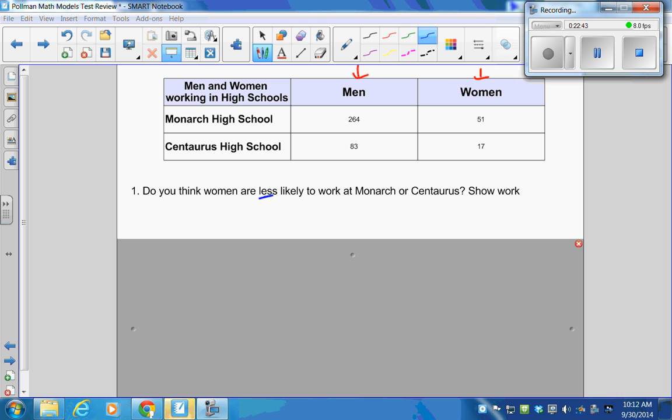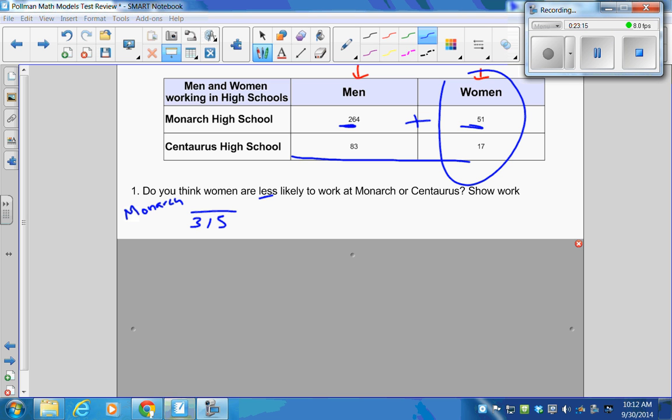So we have to look at women. We're going to look at this column right here, and we're going to look at Monarch and Centaurus. So for Monarch, I have to find my total number of teachers. The way I do that is I take this column and add it to that column. So 264 plus 51 gives me 315 total teachers.